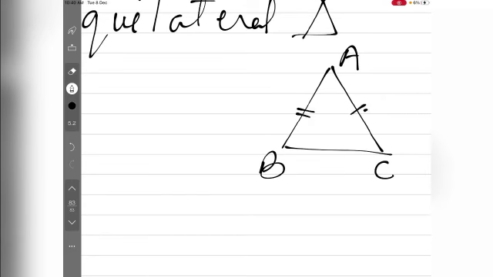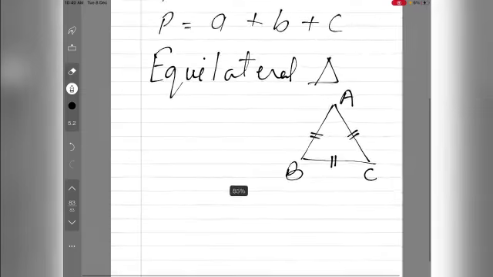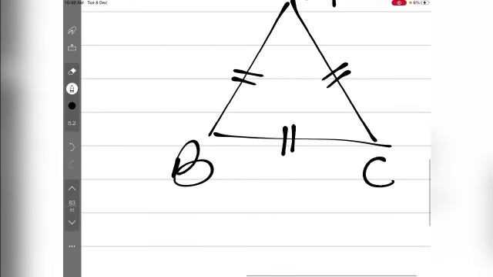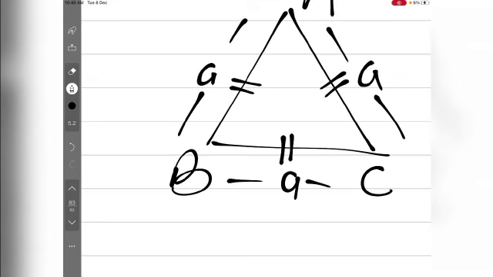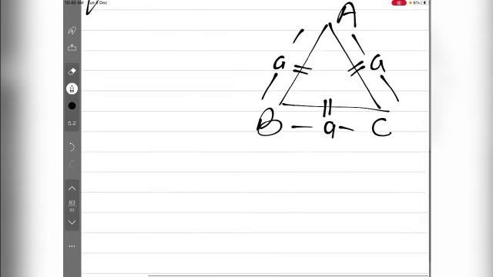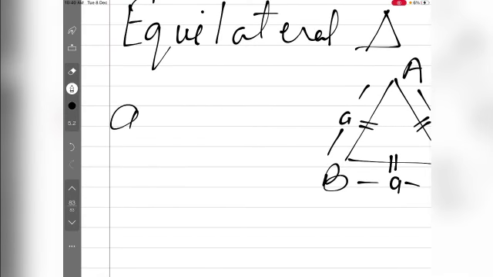All sides of an equilateral triangle are equal. So if I consider any side as a, all sides will be a. Let the value of the side of this equilateral triangle be 5 centimeters.